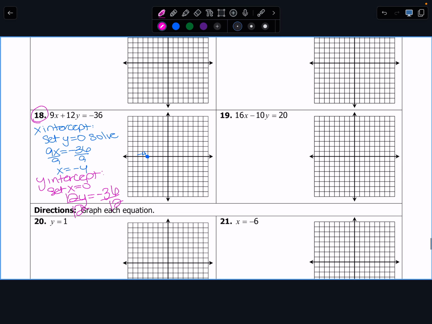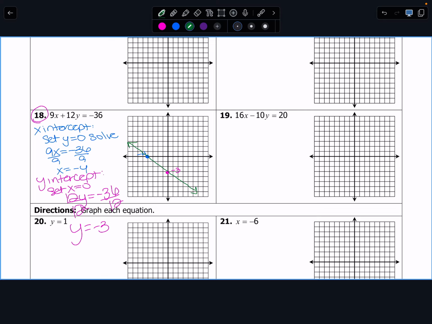Divide both sides by 12 and I get y is equal to negative 3. So then I graph negative 3, the point negative 3 on my y-axis, and then I connect my 2 points together. So that's how you graph by finding x and y intercepts.